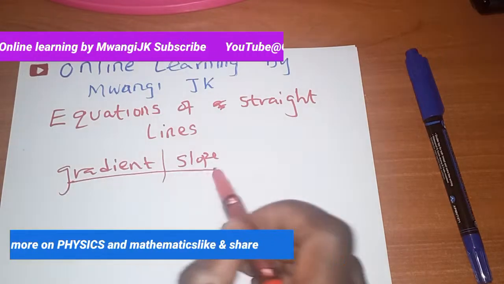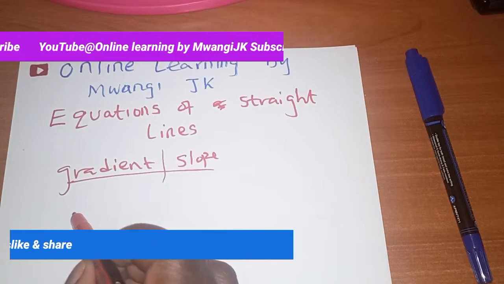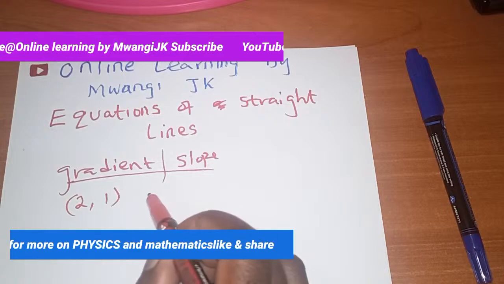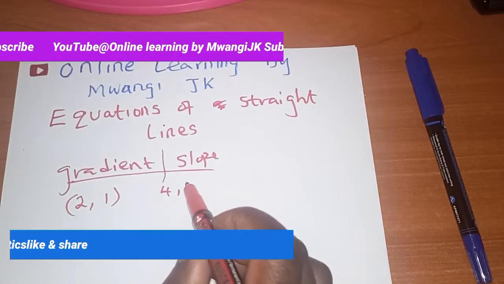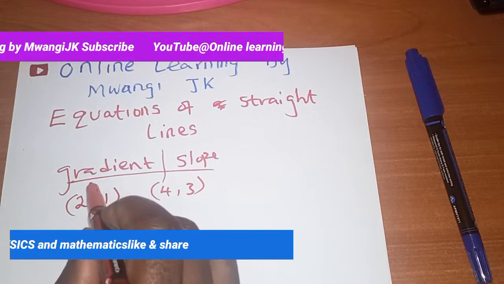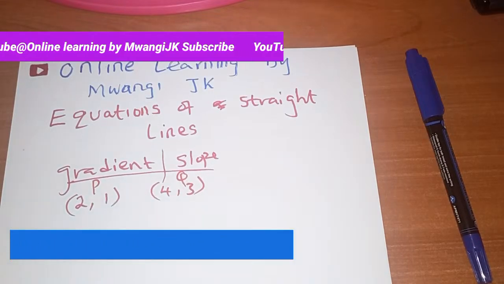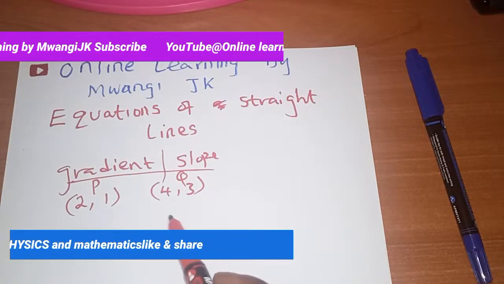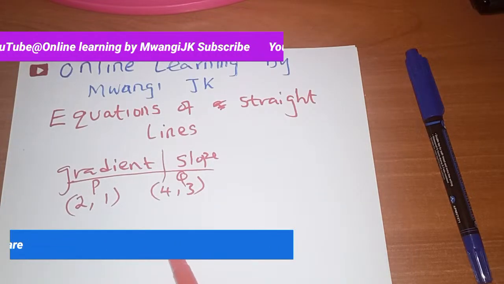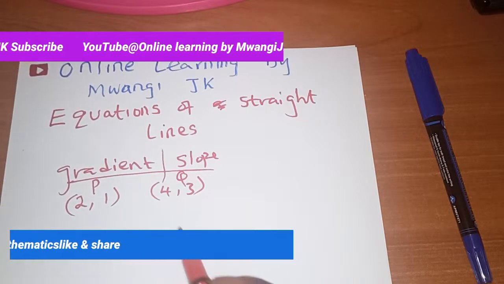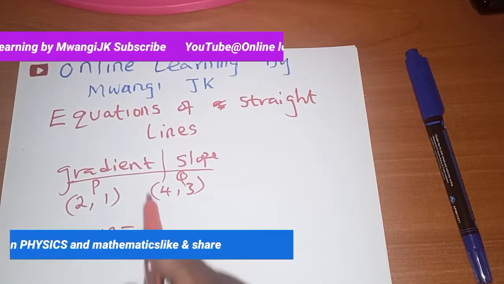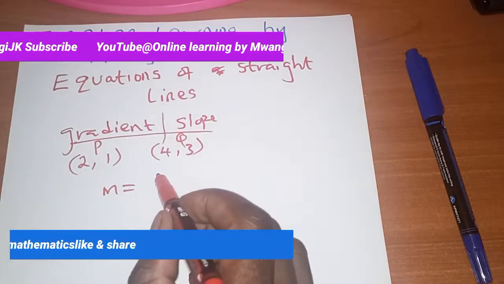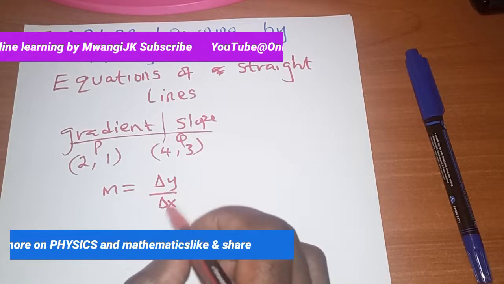So the gradient of a line can be determined by being given 2 points, for example (2, 1) and (4, 3). These are points P and Q, and we are expected to determine the gradient of the line given the 2 points. How do we go about that? We say gradient is represented by m, and gradient is given by the change in y over change in x.